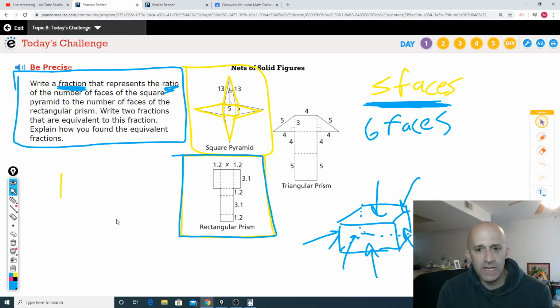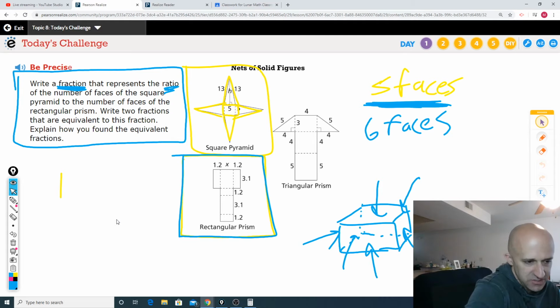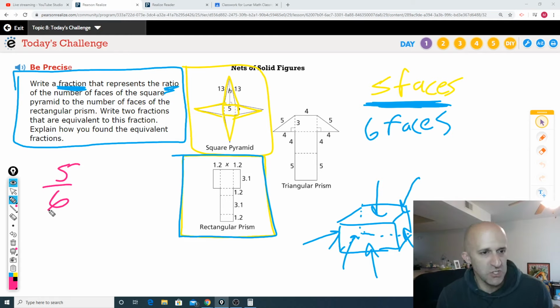Okay, so again, the ratio that compares the faces of the square pyramid to the rectangular prism is 5 to 6. Then it says to write two fractions that are equivalent to this fraction. What's an equivalent fraction?